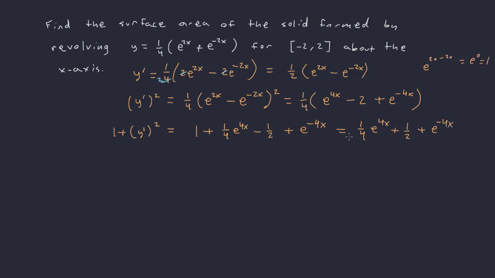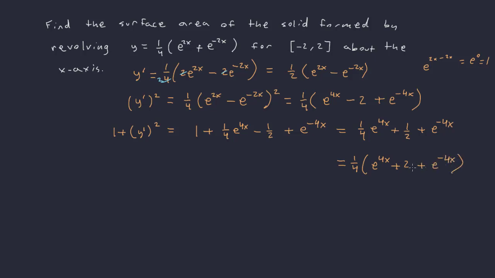Well, if the minus 2 became minus 1/2 with plus 1/2, I should be able to factor out a 1/4 and get e^(4x) plus 2 plus e^(-4x).